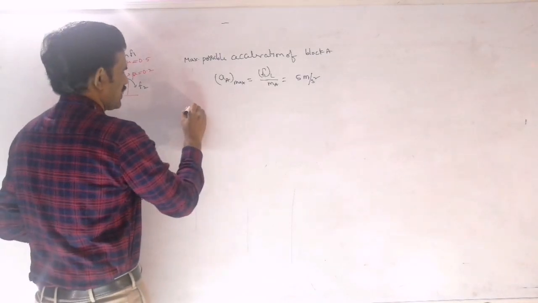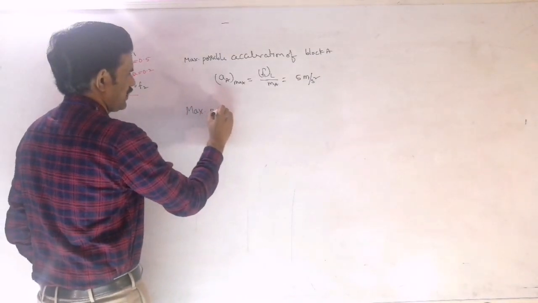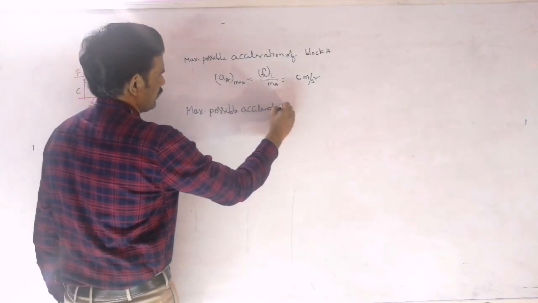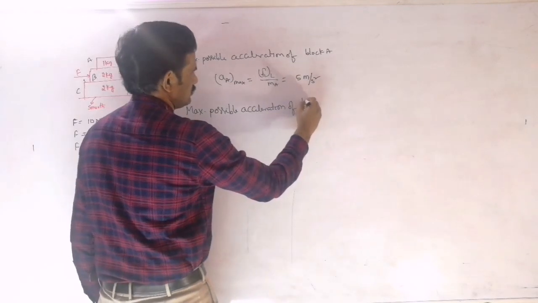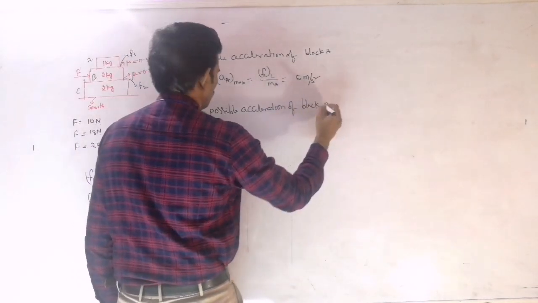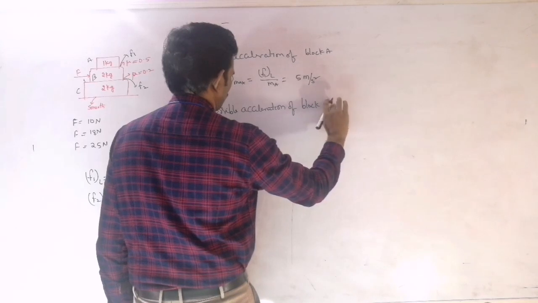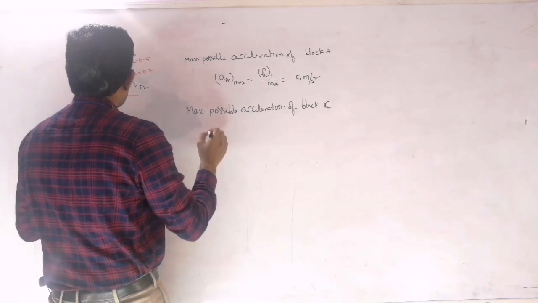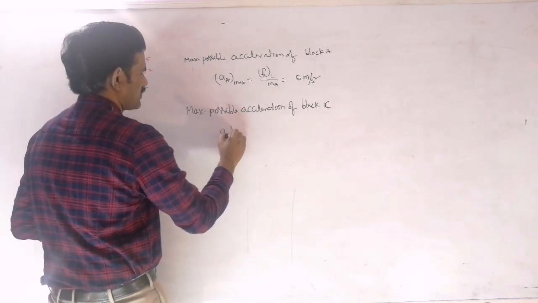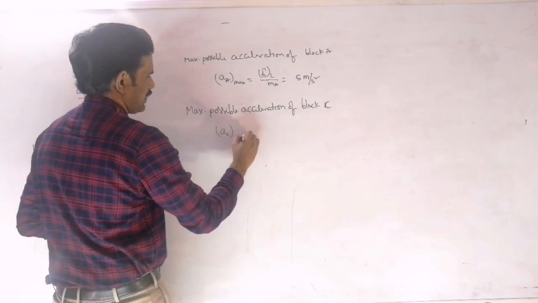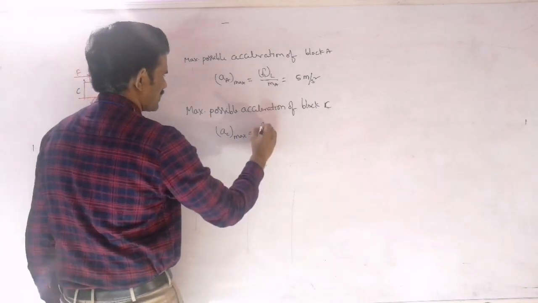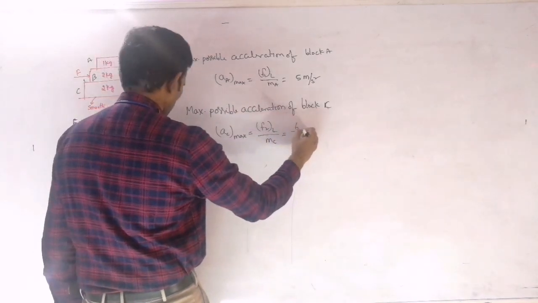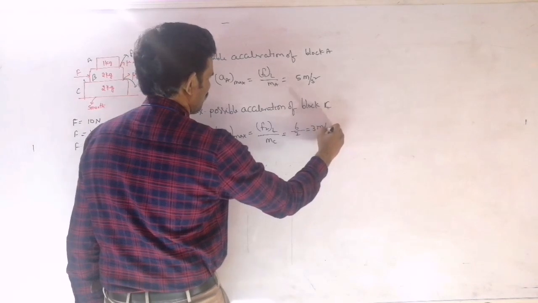So the maximum possible acceleration of block C: a_C maximum is equal to the maximum frictional force F2 by the mass of block C, 6 by 2, so you will get 3 meter per second square.